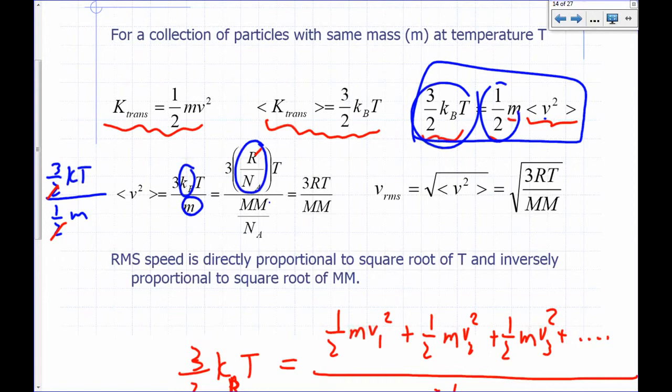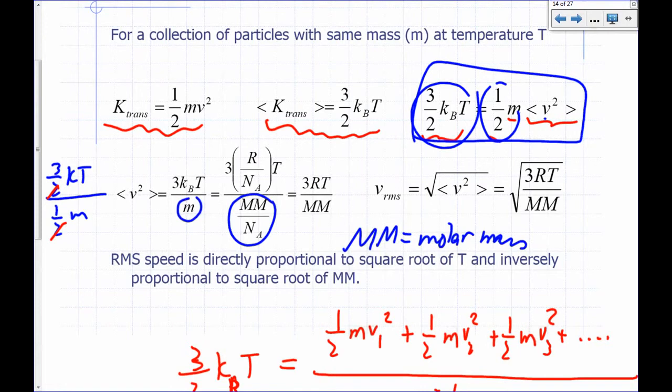And the mass of one molecule is the molar mass, big M sub m, divided by Avogadro's number. So if you take the molar mass divided by Avogadro's number, that gives you the mass of one molecule. If you make that substitution, what do we see? Avogadro's number cancels out, right? So the average of the square of the speed is just 3RT divided by the molar mass.